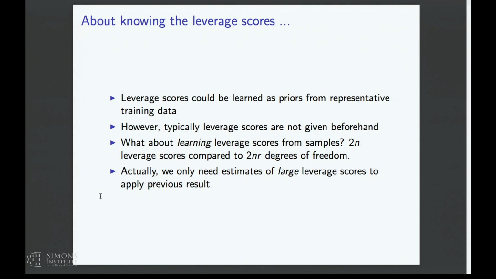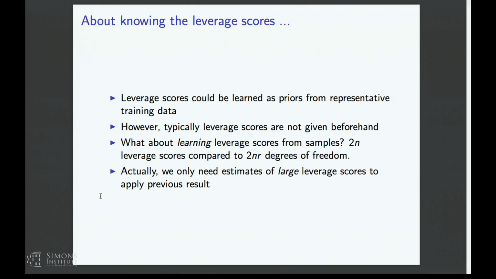I thought, well, this is nice, but of course, this theorem still requires a lot of knowledge that we know the leverage scores of the underlying matrix. So in some settings, you could imagine that you could have some bounds on leverage scores. They could be learned as, say, priors from some class of training matrices that you're interested in. But typically, this is very strong, and we would like to assume that we don't have any information about the leverage scores a priori.